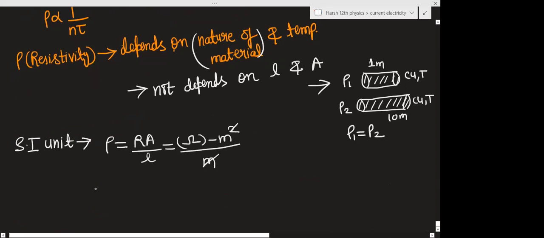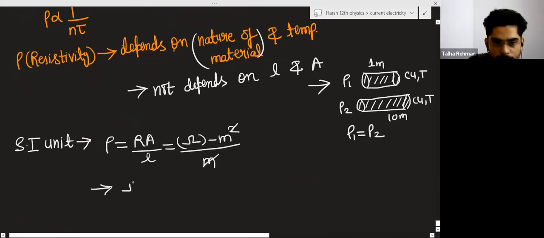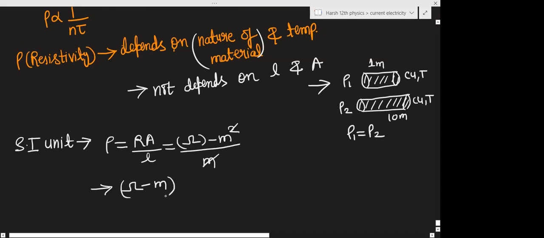So the SI unit of resistivity will be ohm meter.